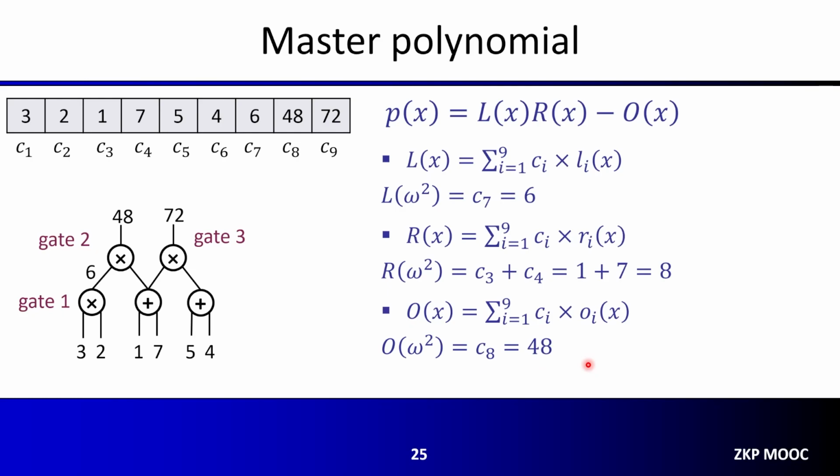If you do the calculation, clearly this is 0 again. So P of x equals 0 at omega square. And finally, P of omega cubed should also equal 0, because we are taking the left input of gate 3 times the right input of gate 3 minus the output of gate 3, and that should equal 0.